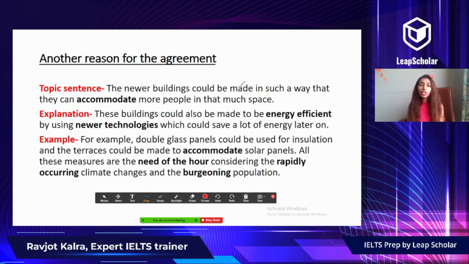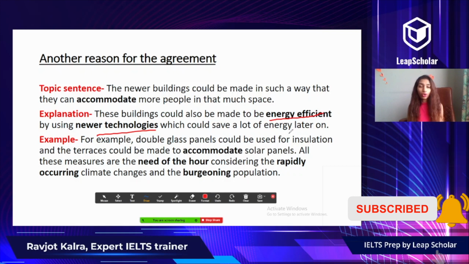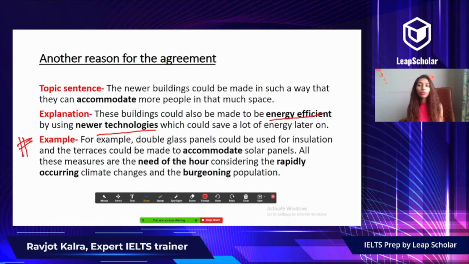The newer buildings could be made in such a way that they can accommodate more people in that much space. These buildings could also be made energy efficient by using newer technologies, which could save a lot of energy later on. For example, double glass panels could be used for insulation and the terraces could be made to accommodate solar panels.